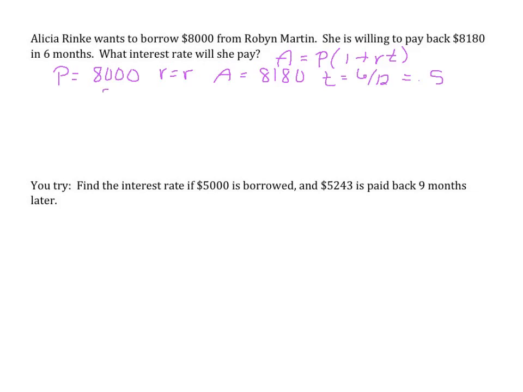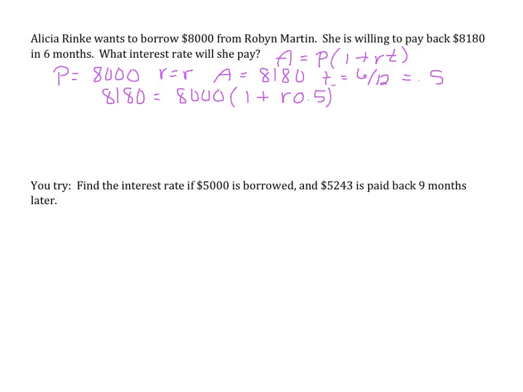We have $8,180 is equal to 8,000 times 1 plus, we don't know our rate, times our time, which is 0.5, so half a year.